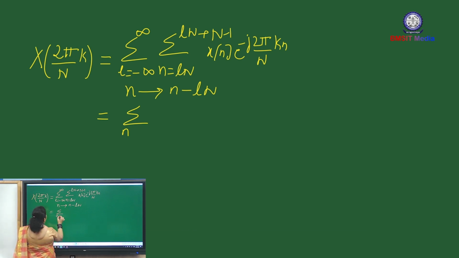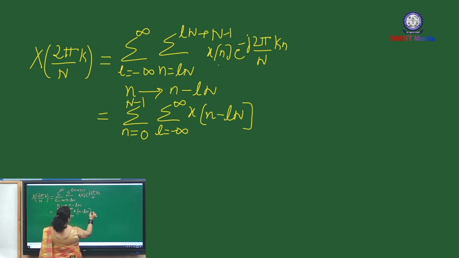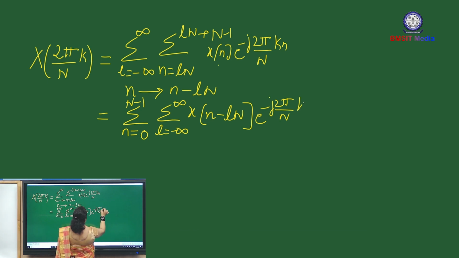With this I get n equal to 0 as the lower limit, and here N minus 1, and this is retained, l varying from minus infinity to plus infinity, and x of, since I am changing the inner index into n minus lN, this changes to x of n minus lN, e raised to minus j 2 pi by N kn.